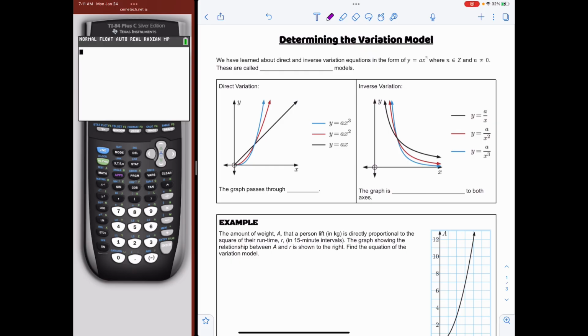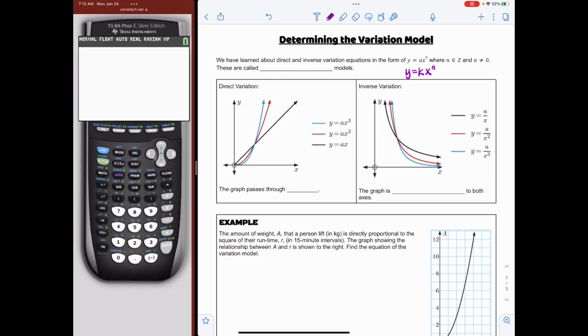So, we have learned about direct and inverse variation equations that are in the form of y is equal to k times x to the power of n, where n has to be an integer and n cannot be 0. We normally see this written as y is equal to a times x to the power of n as well, where a and k are both the constants of variation.